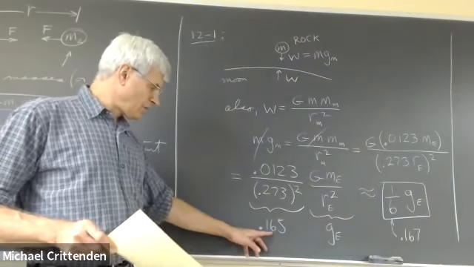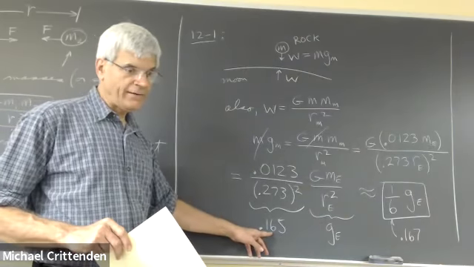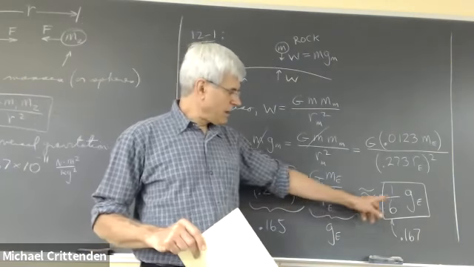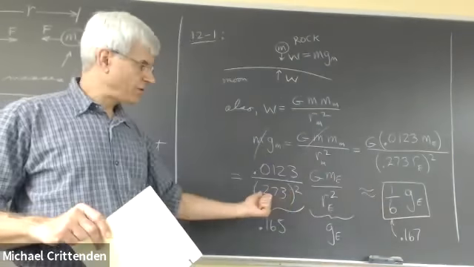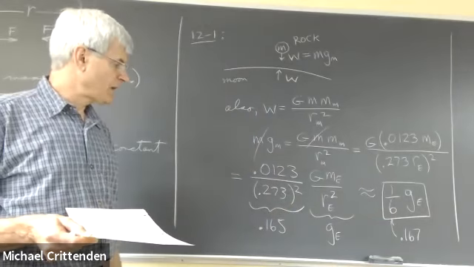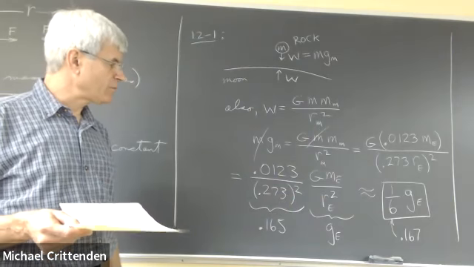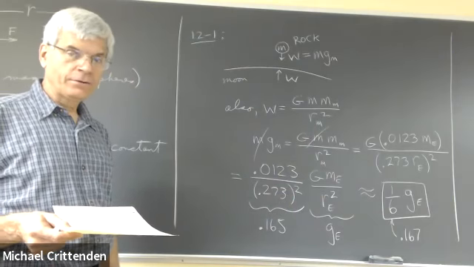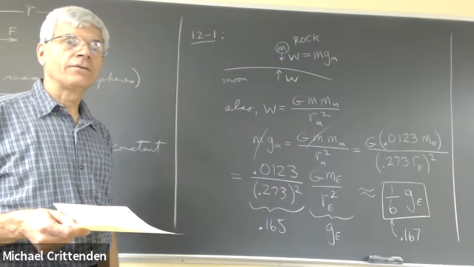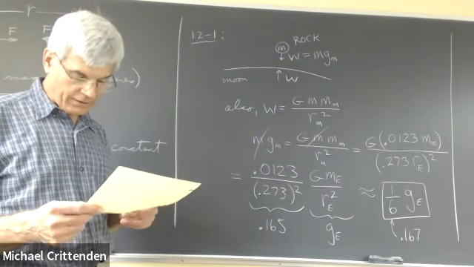One-sixth is almost equal to 0.165. So giving the answer in G's rather than in meters per second squared is probably a good way to do it a lot of times. On the surface of the moon, you would experience 1/6 of the gravity that we have here in this room.